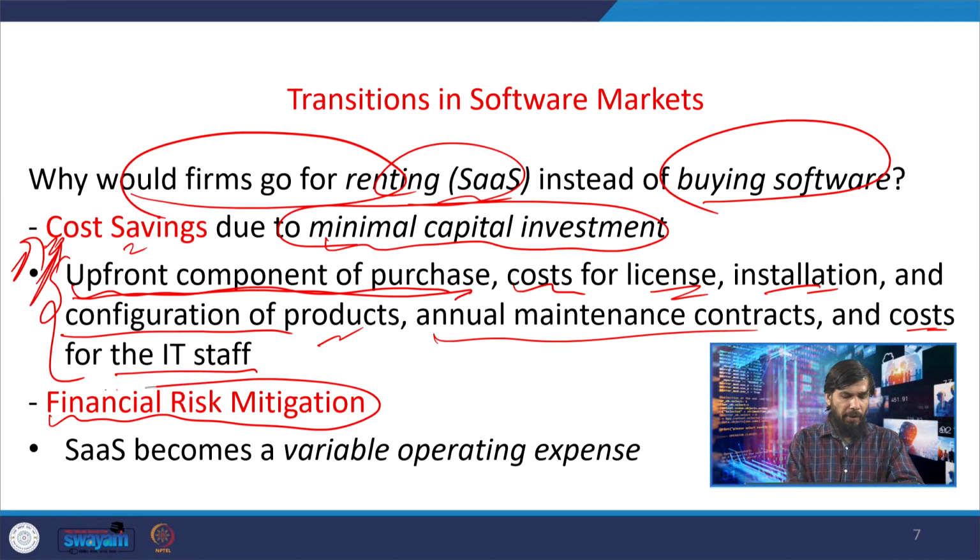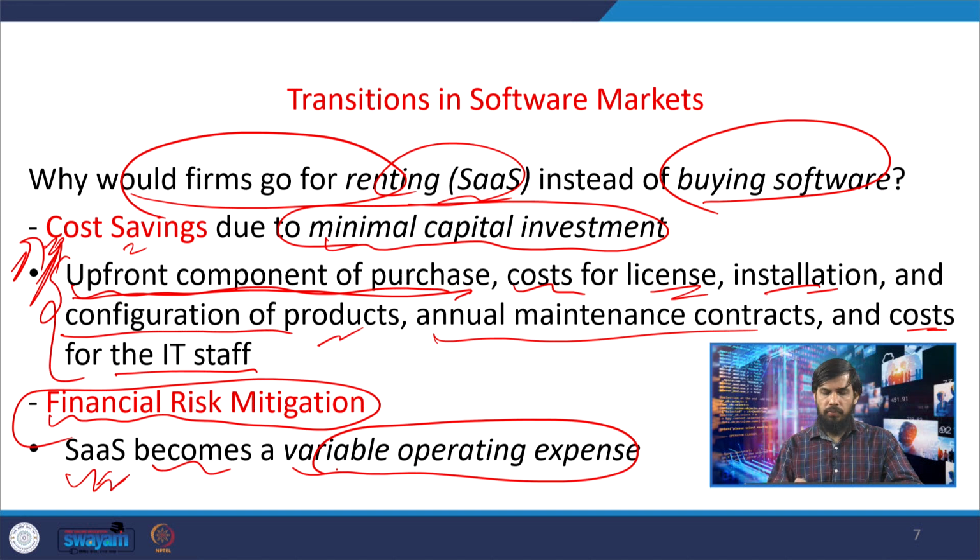Then if we look at financial risk mitigation, it's a change in placement in the balance sheet or other financial statements. SaaS becomes a variable operating expense. So from being a capital investment, it moves to a variable operating expense.